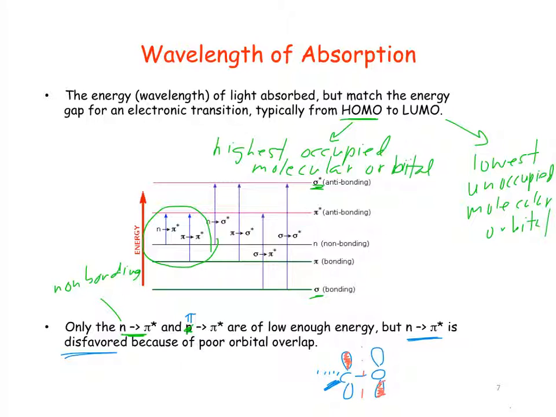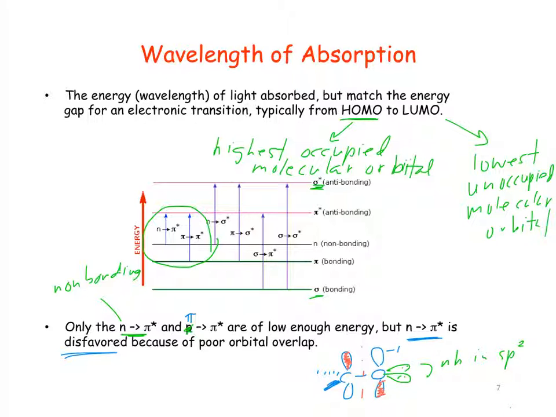So the pi star, I'll do these in green, would be out this way and like this. So these would be the non-bonding electrons, and they are in the sp2 hybridized orbitals.